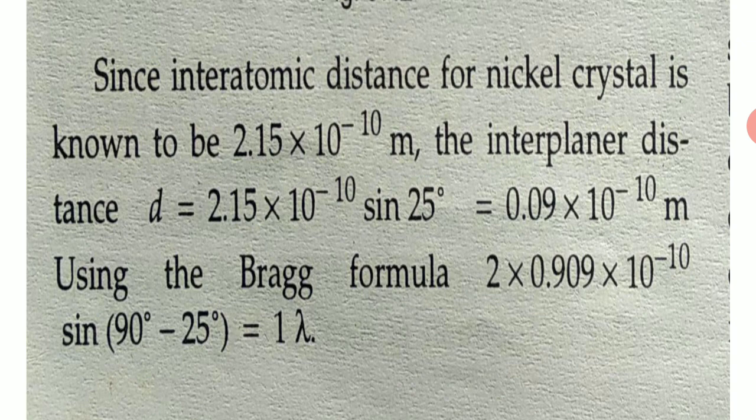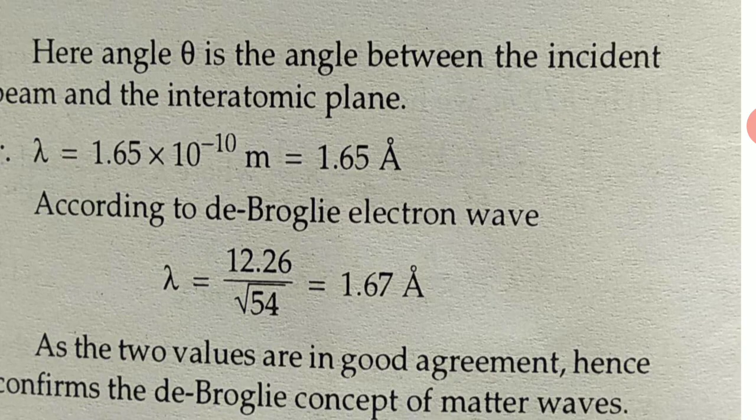Using this in Bragg's law, and for a first order spectrum n is taken as 1, therefore we get 2 into 0.909 into 10 to the power minus 10 sine of 90 degrees minus 25 is equal to 1 lambda, where n is equal to 1.